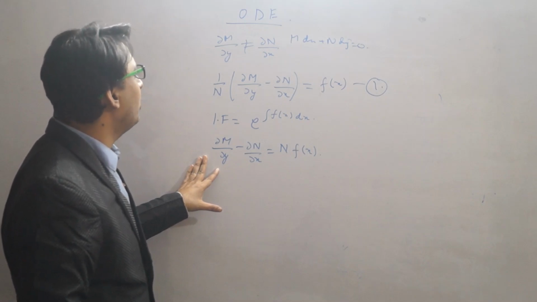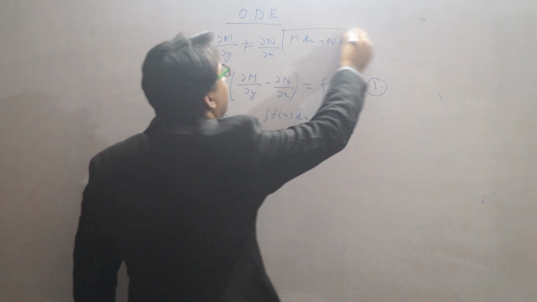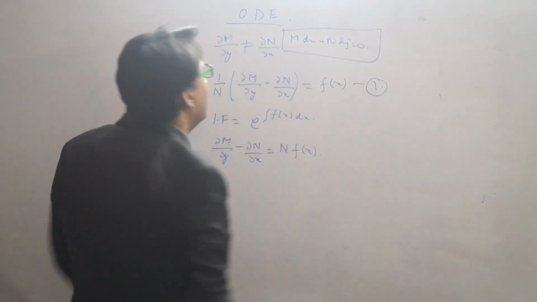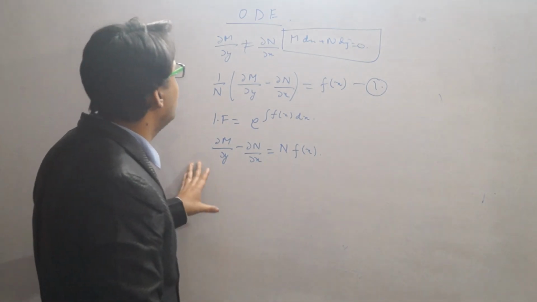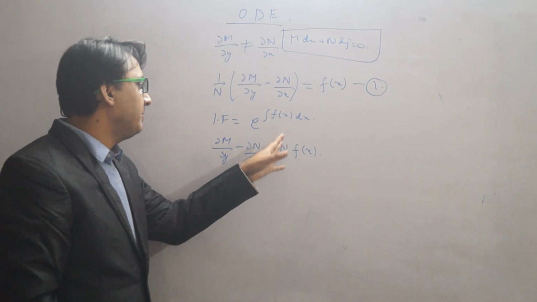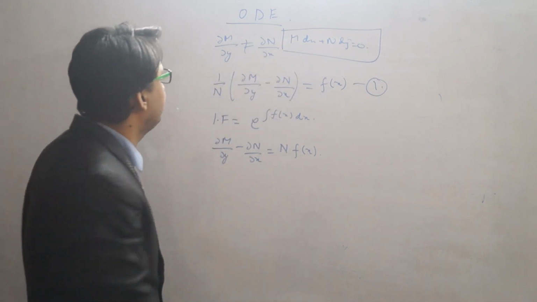But all the time what we do is that whatever is our differential equation, that is M dx + N dy = 0, it is not exact. So what we do, we multiply with our integrating factor. This is the common sense that we apply. So we will multiply this integrating factor here.